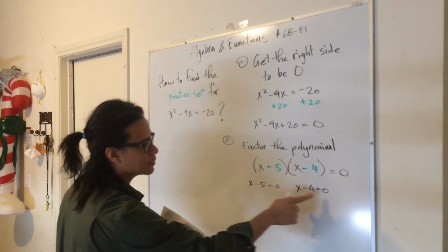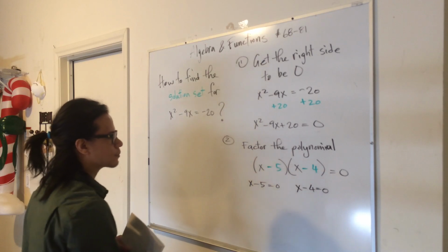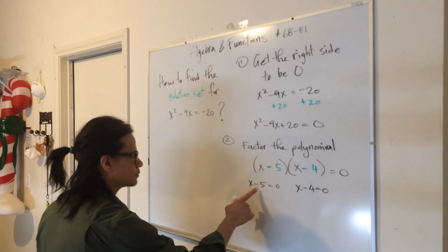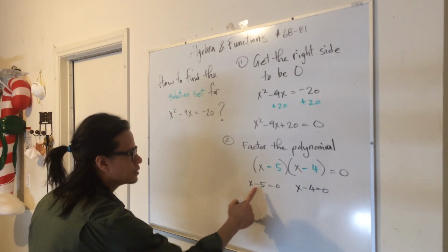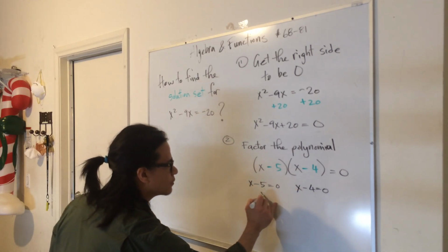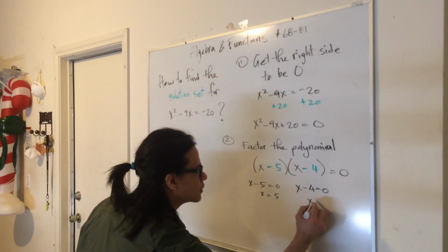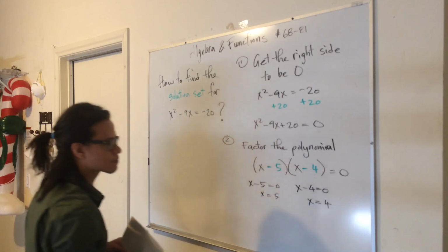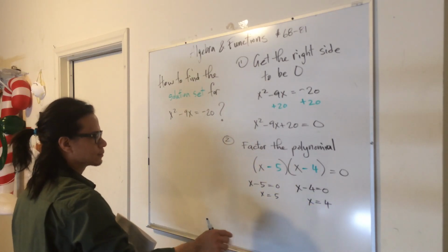Because I know that 0 times 0 is 0, right? Okay, so let's get x by itself. I'm going to undo this minus 5. So adding 5 to both sides, I have x equals 5. X here equals 4. So I'm hoping that these are the two solutions that I'm looking for.